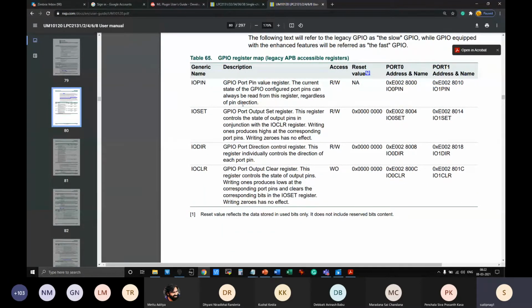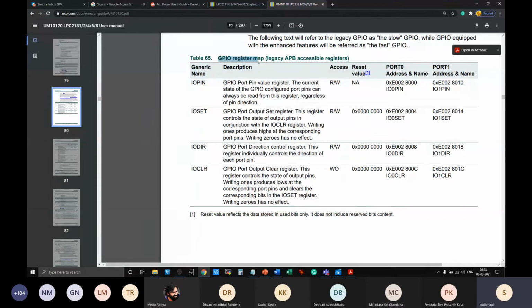Students who have studied other microcontrollers like ARM, any other series, or even AVR series, will find some similarity here if you have already worked on them. If not, that's not a problem at all. Just try to follow what I'm explaining here.